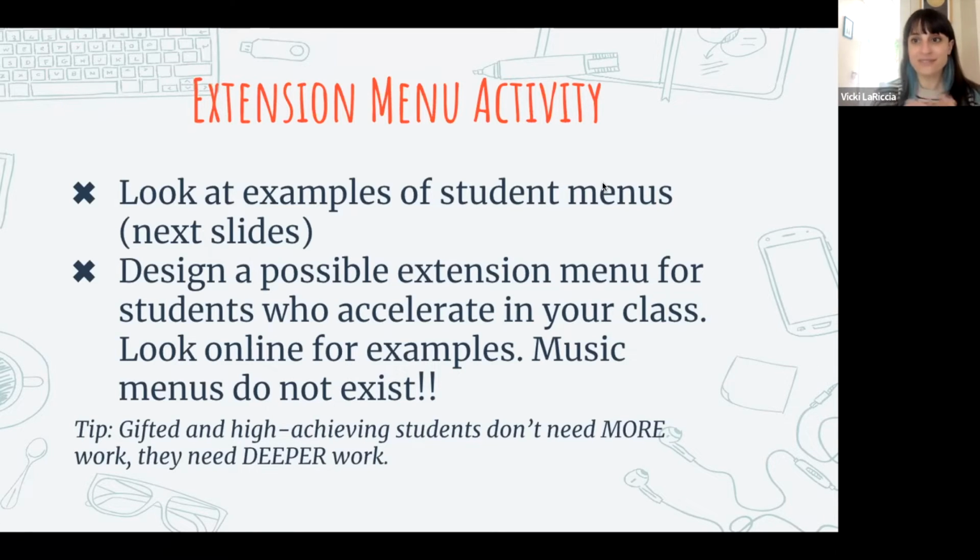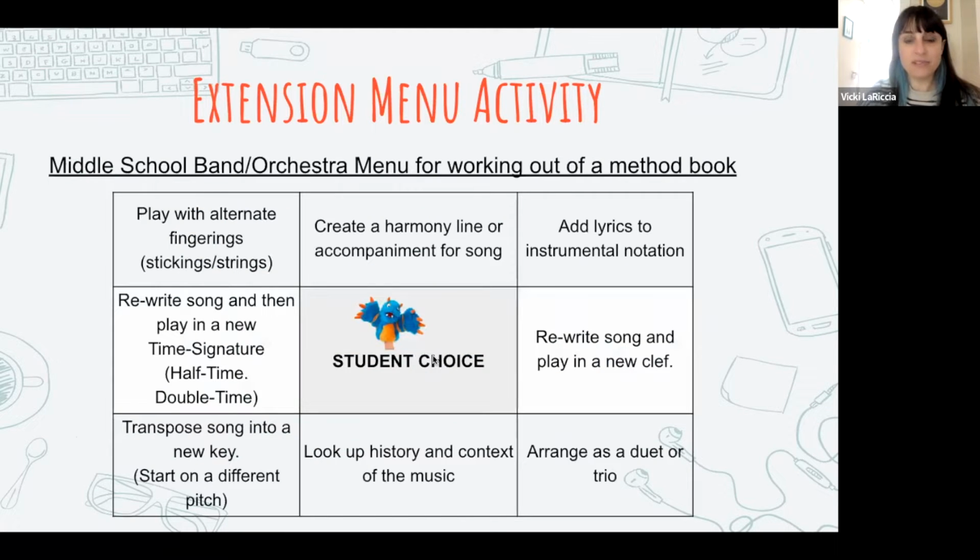Okay, so to be more clear, we're going to take about 5 minutes to design extension menus. I'll leave an example of one up, and then I'm going to put my email in the chat. And if you want your extension menu shared, just email it to me.